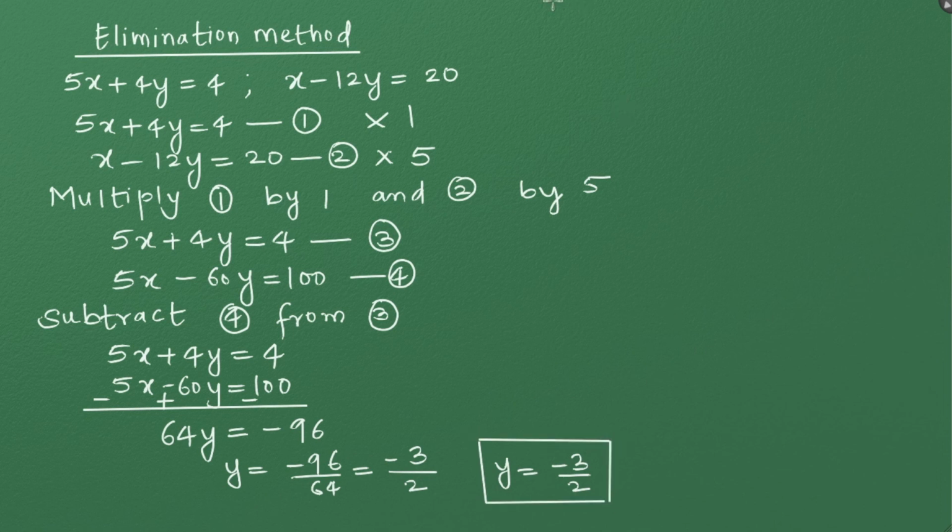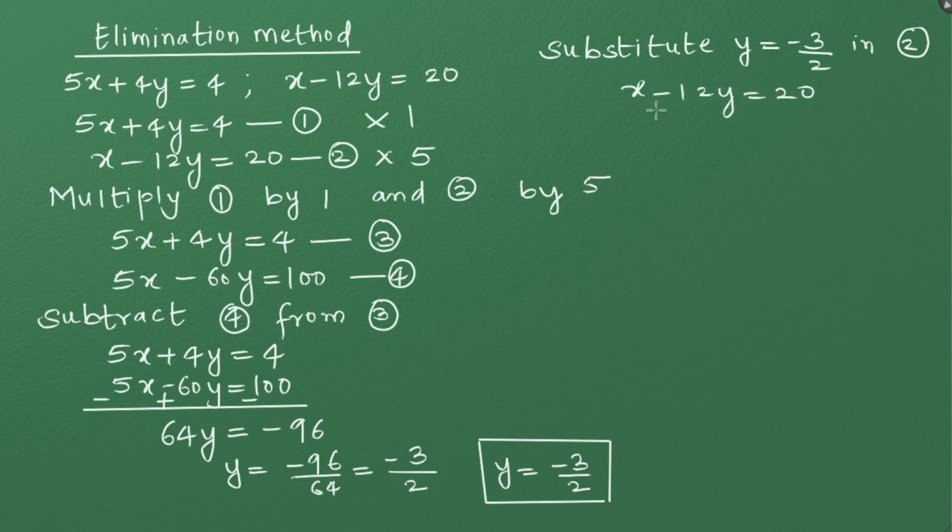Now substitute this value of y in any of the equations to get the value of x. Let's say we'll take equation 2. y is substituted as minus 3 over 2.